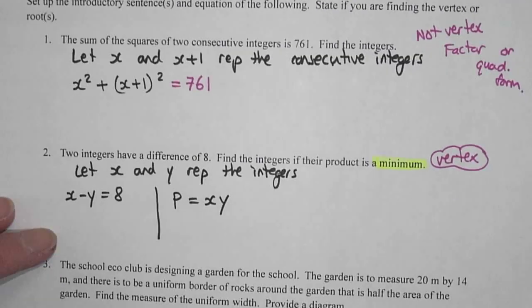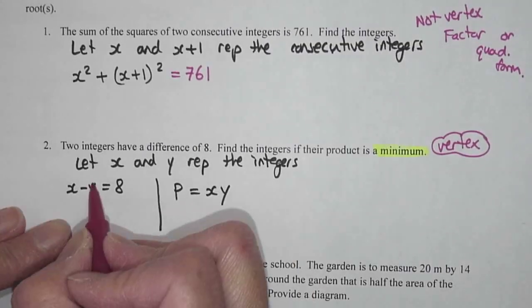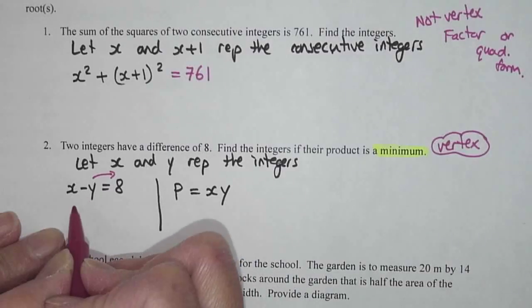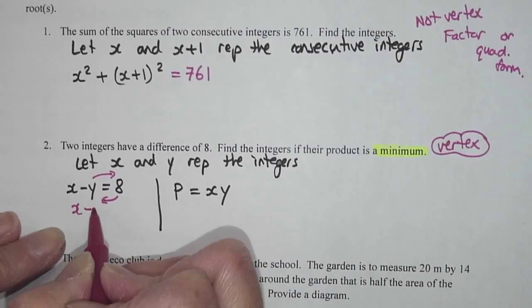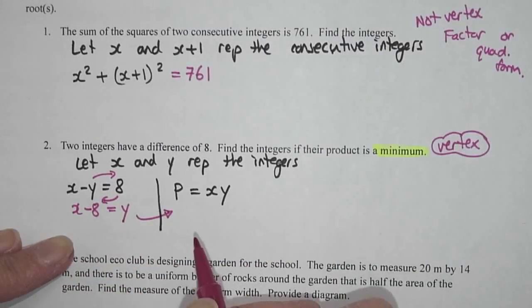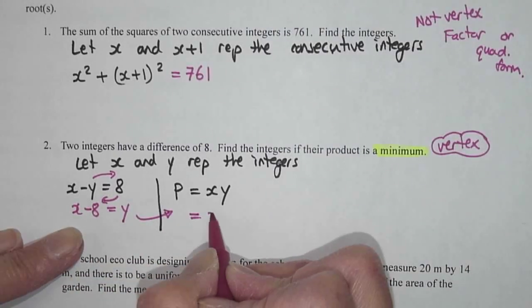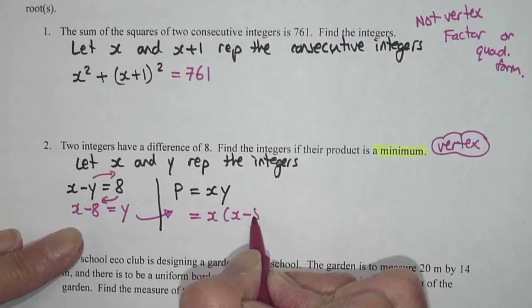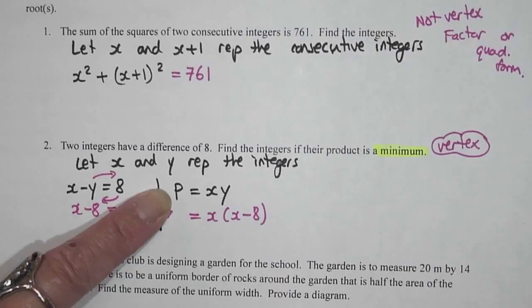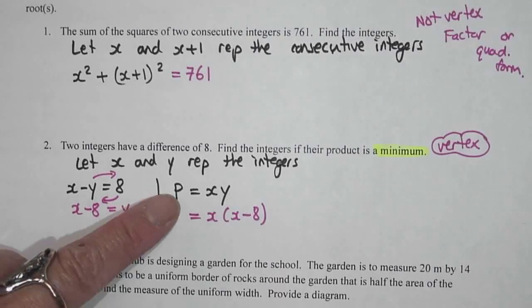When I solve for this one, I bring the y over, so x minus 8 equals y. When I sub that in, look, there's no number it equals. That's when we're going to find the vertex x.